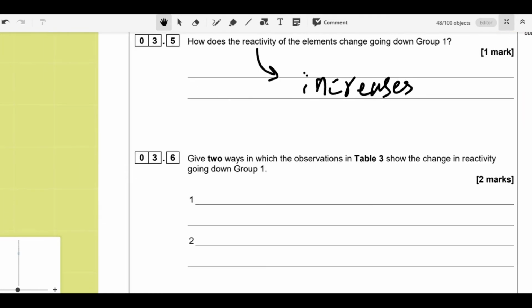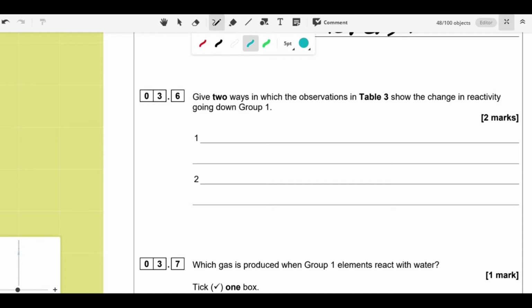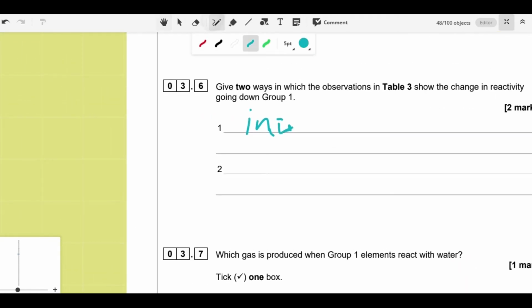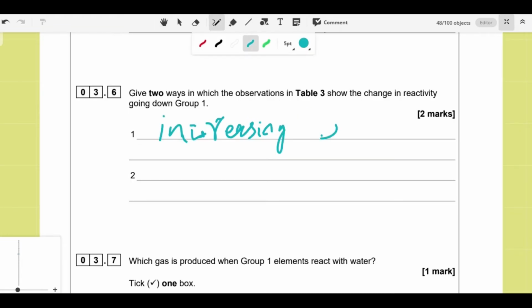The second one, you can write, is increasing speed of movement.